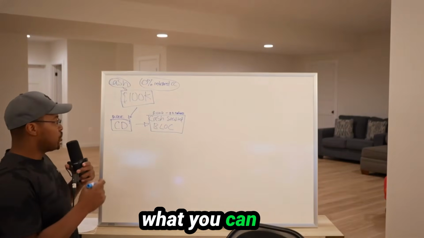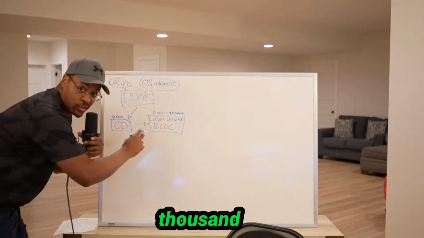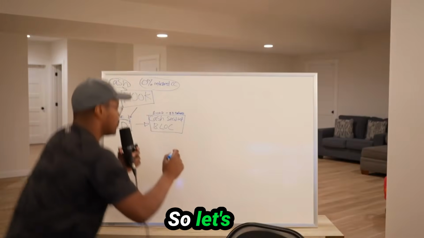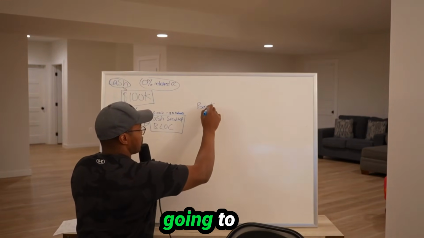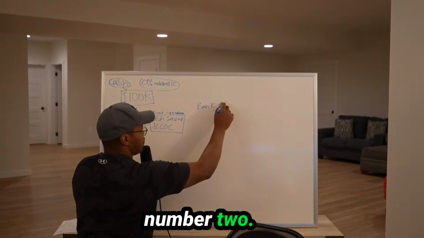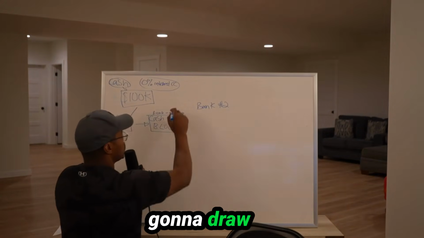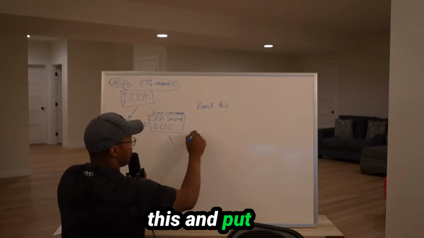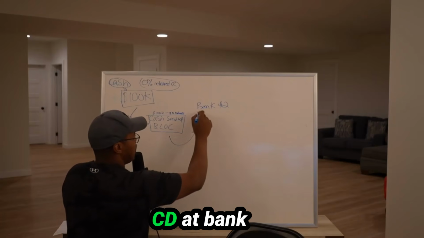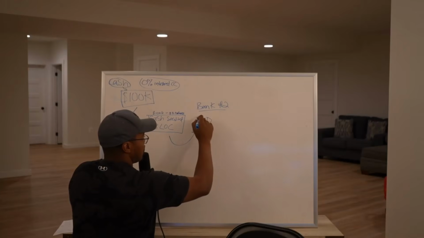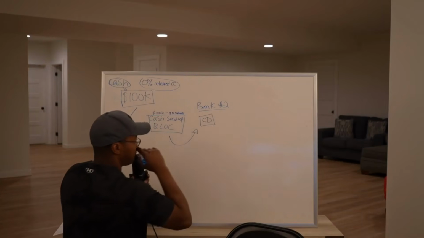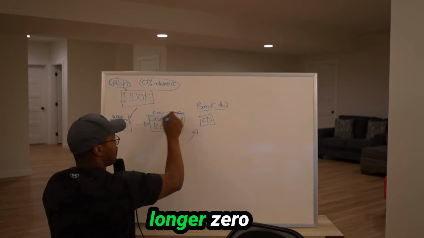So basically what you can do with this, remember, this is $100,000, right? So let's say there's another bank that offers the same thing. So we're gonna say bank number 2. You're gonna draw down from this and put this into a CD at bank number 2. So now it's no longer zero balance.